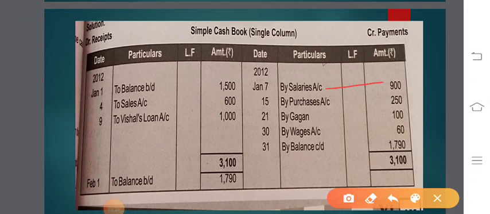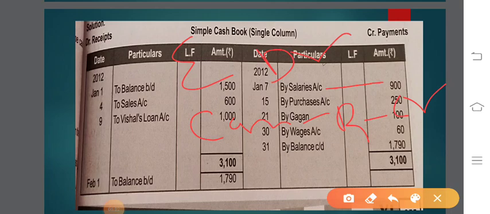So you will go to the payment side of the cash book, that is the credit side, and write here by salaries account. If you would have done it in the form of journals, then salaries being expenditure, as per the nominal account rule, debit all expenses and losses. Because you paid salaries in the form of cash, cash being real, real goes out, so it has to be credited.